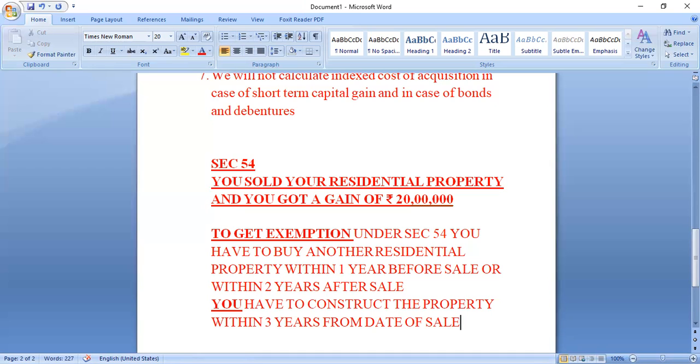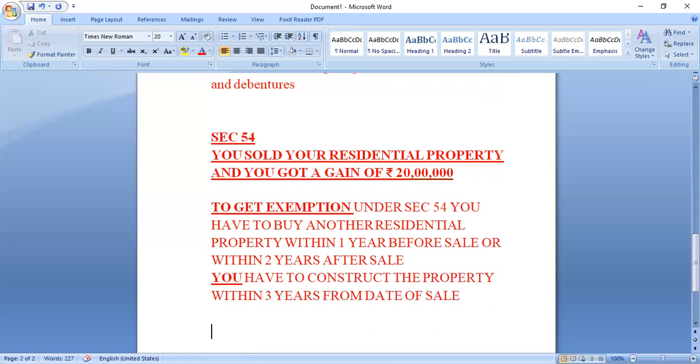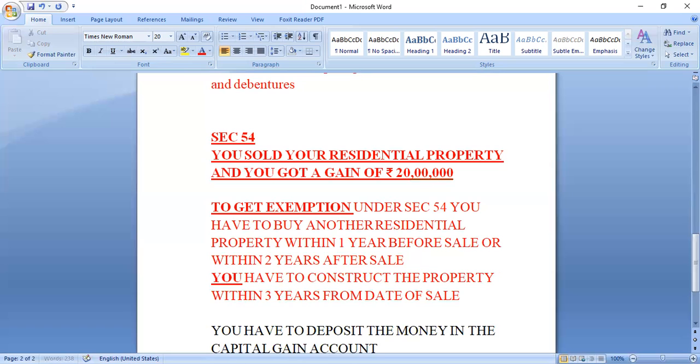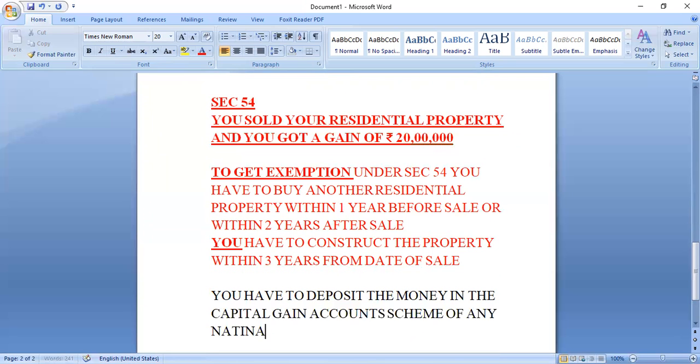revoked, taken back. And importantly, you have to deposit the money. You should not keep the money with you, whatever 20 lakhs you got as capital gain. You have to deposit the money in the capital gain accounts scheme of any nationalized bank.